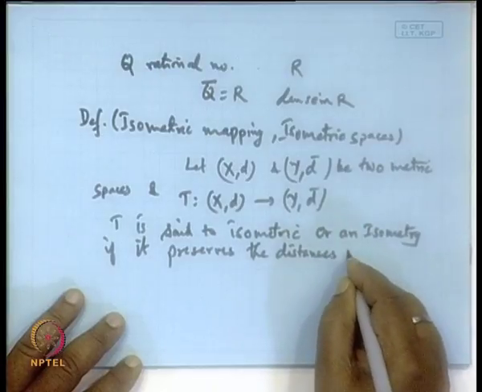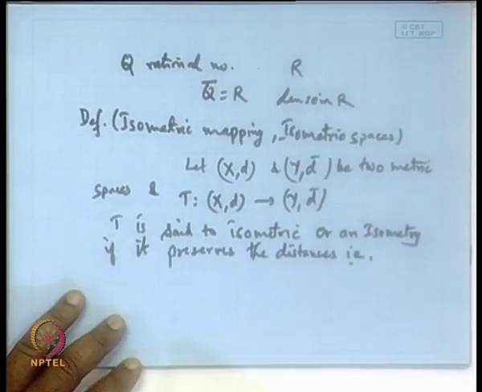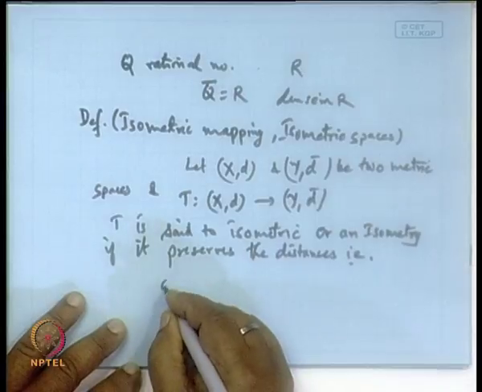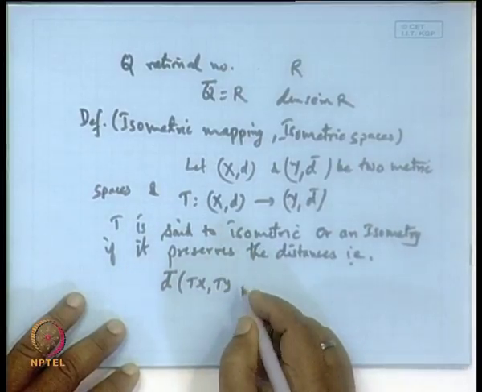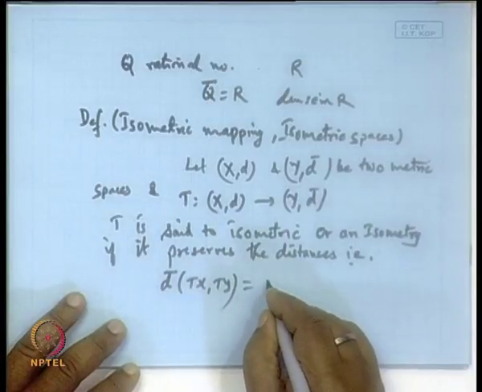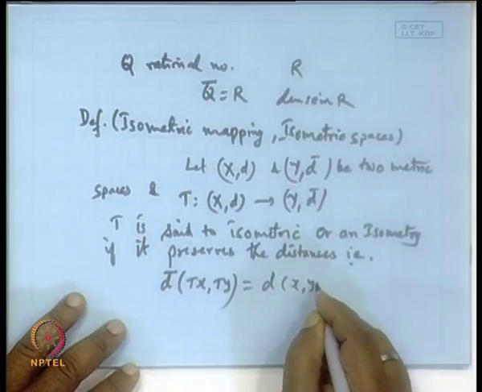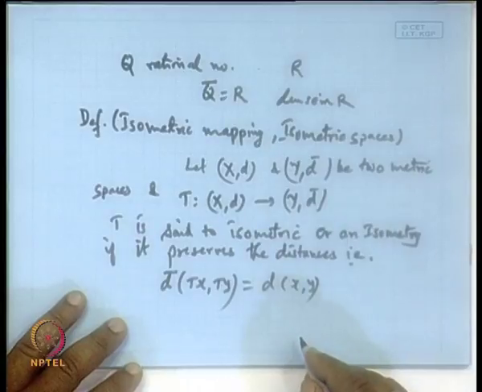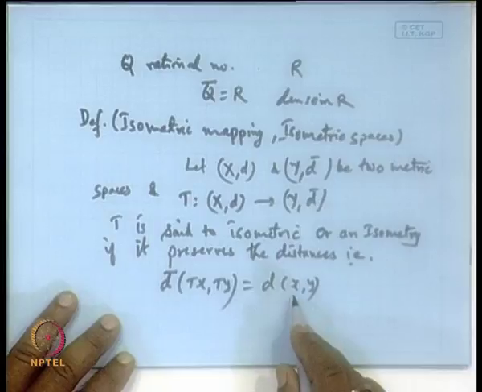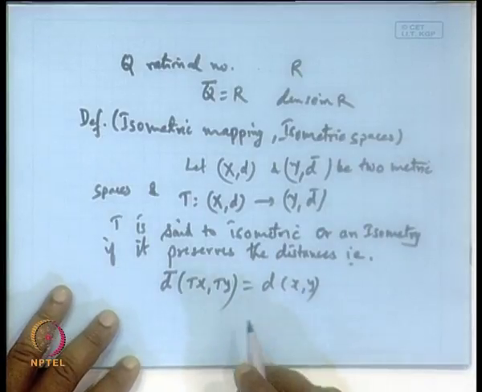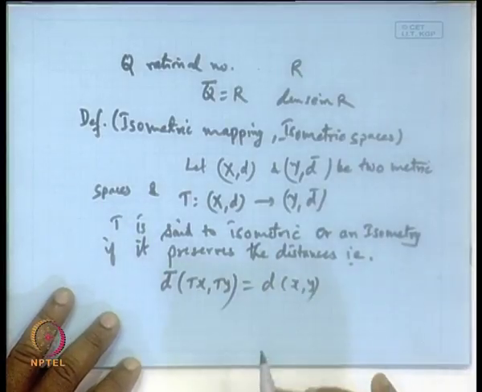That is, the distance of Tx and Ty under the metric d bar is the same as the distance between x and y. Then we say this mapping T is an isometry from one metric space to another.